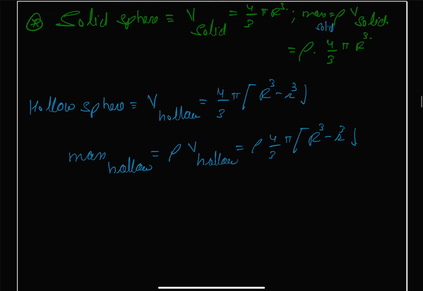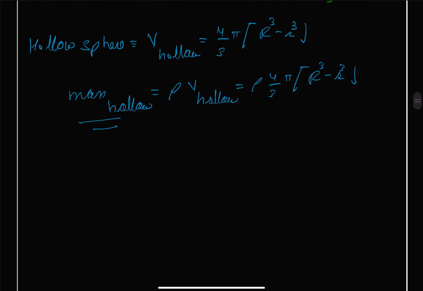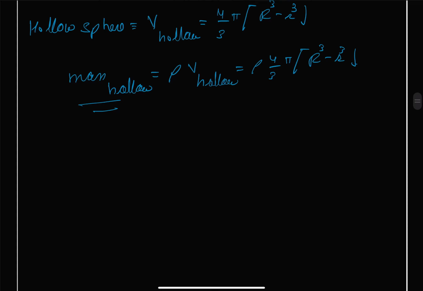So if you make the comparison between the mass of the solid and the mass of the hollow, we can say that our mass of hollow will be less than mass of the solid. This we can just directly write from here.